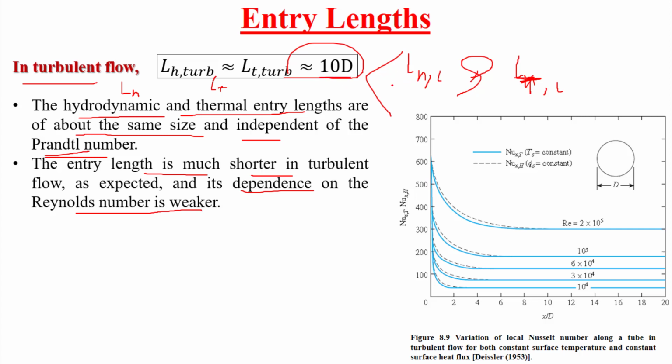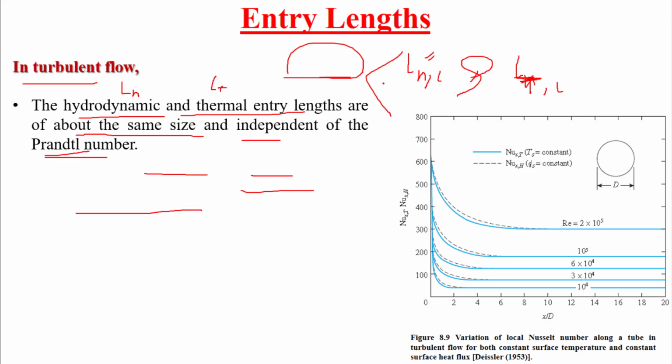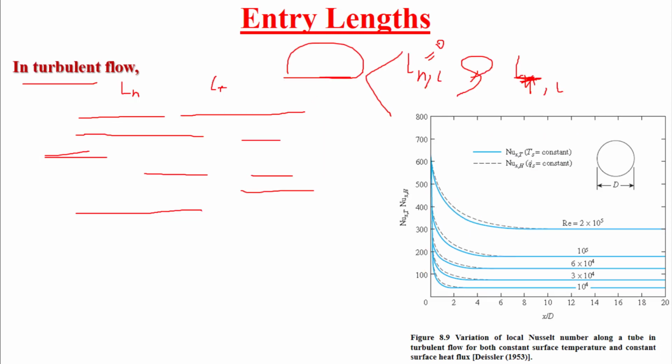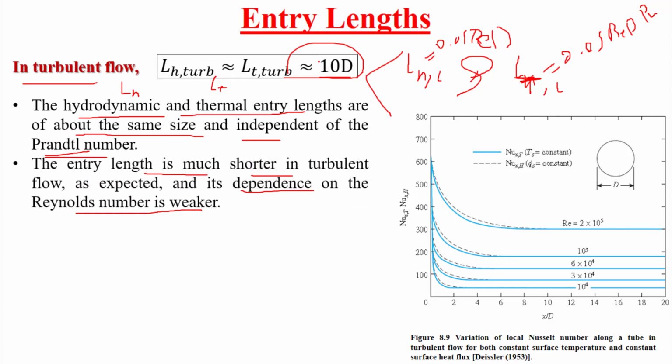This is 10D, and for LH laminar the equation was 0.05 Reynolds number diameter, and for thermal 0.05 Reynolds number diameter Prandtl. So if you compare these values, you will find that this is very much shorter than the laminar scenario.